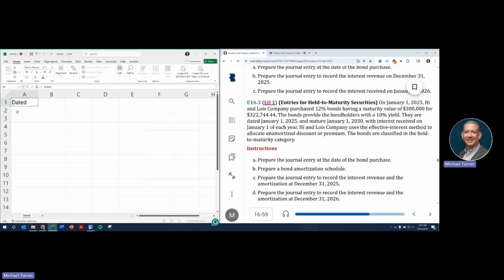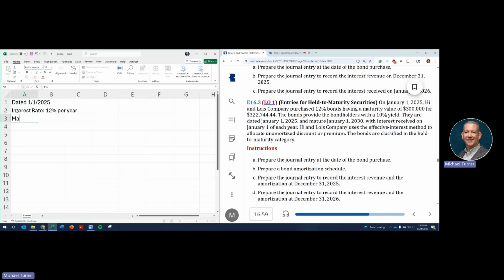So this is dated 1/1/2025. January 1st, 2025, high and low company purchased 12% bonds having a maturity value of $300,000 for $322,744.44. So the interest rate on these bonds is 12% per year.